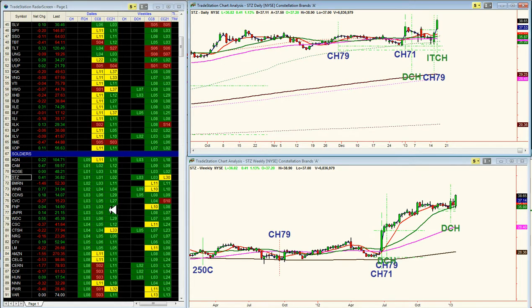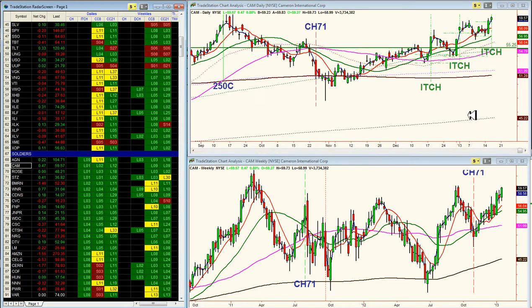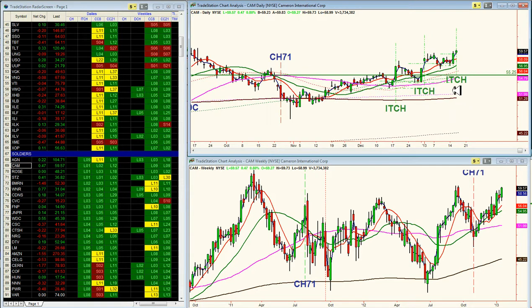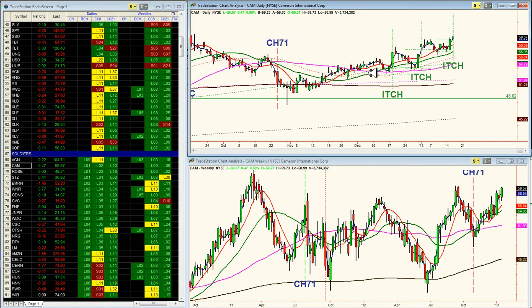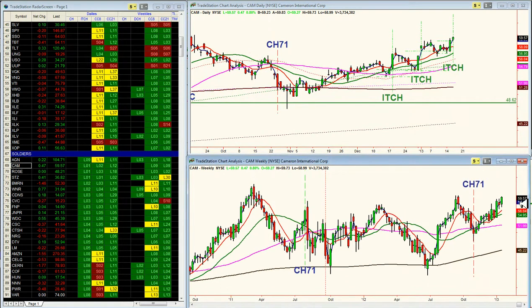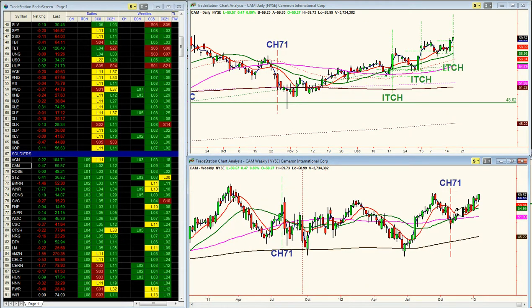Here is one that does not have a DCH firing but has an itch that is firing, and that's CAM. And again, you can see that it has fired several itches with pullbacks over and over again along a trend. And again, you can see a move up on the weekly chart for CAM.